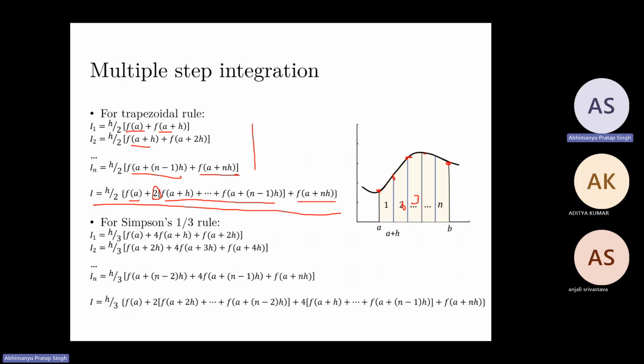Now, when I try to add, my first and my last point only appear once over here and over here. Then a plus h appears, like in the first one, it is multiplied by 4, so it appears 4 number of times. Then this one does not appear in the calculation of the second part.